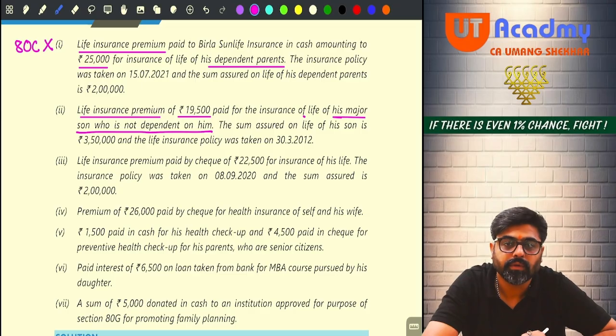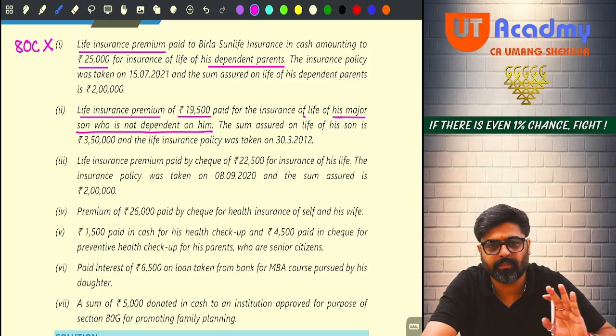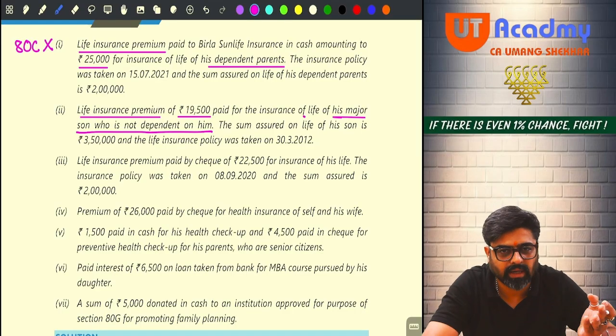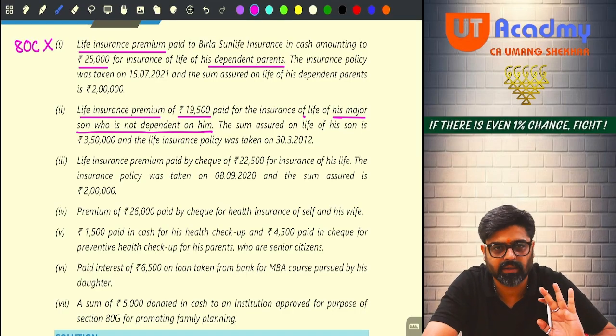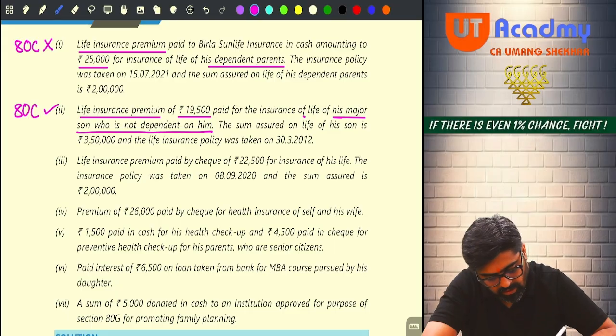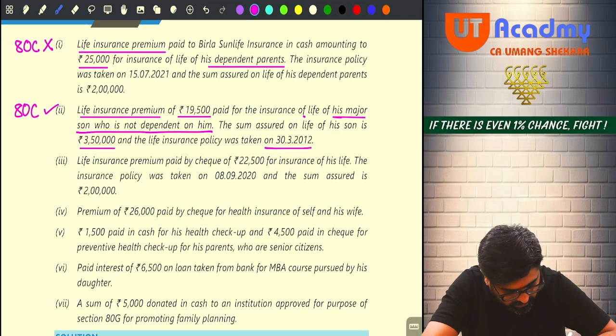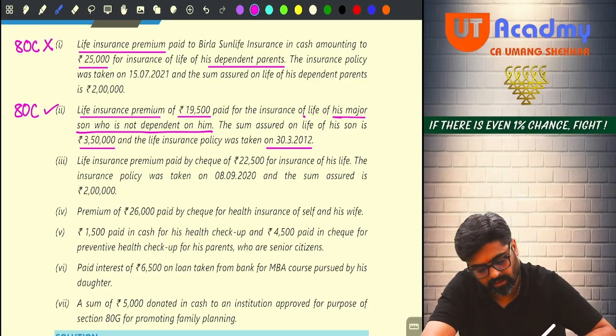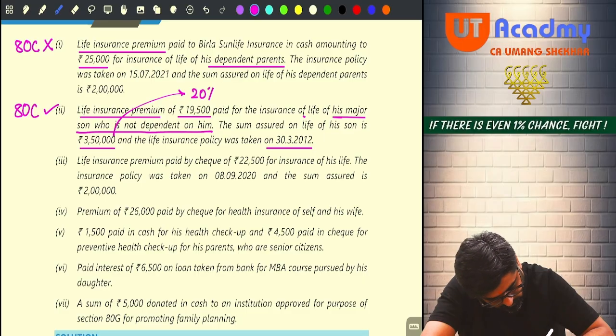See, life insurance premium of any of your children can be paid, whether the child is dependent or independent. Yes or no? So this will be allowed under 80C. But wait, sum assured is 3,50,000 and the policy was taken on 30th March 2012, meaning that you will take 20% of this, which will be 70,000.